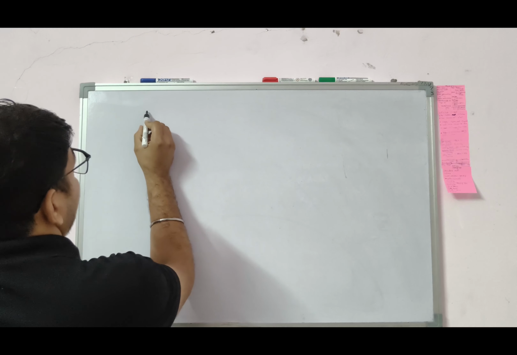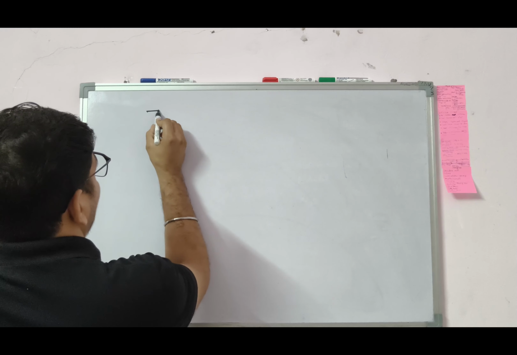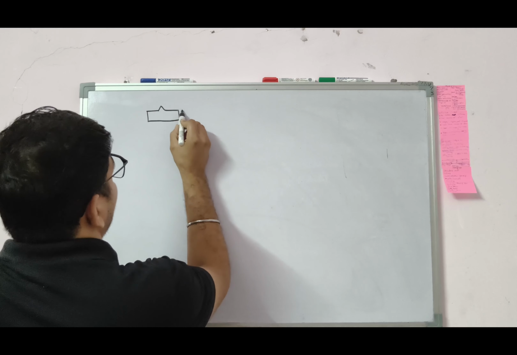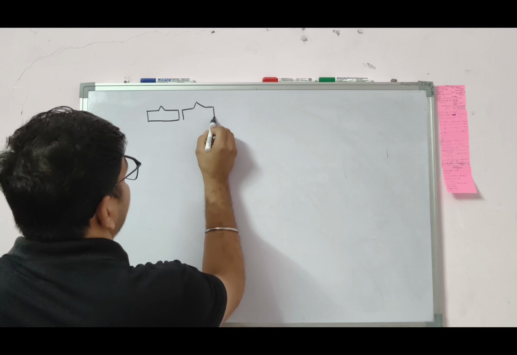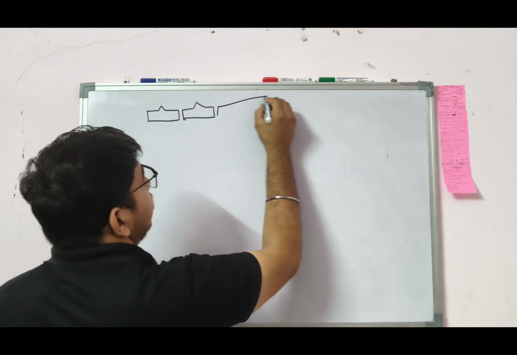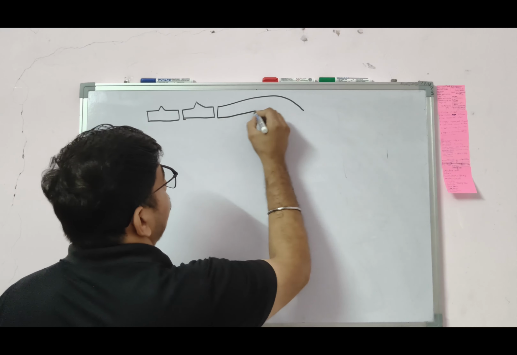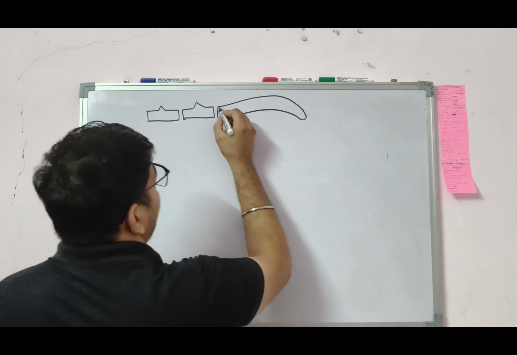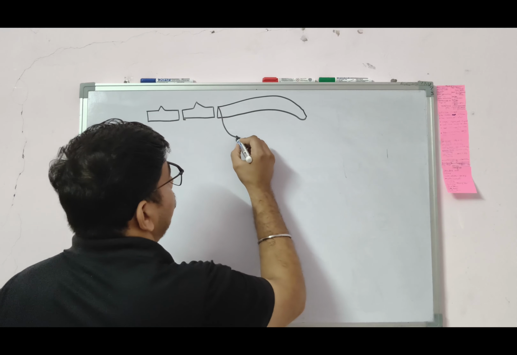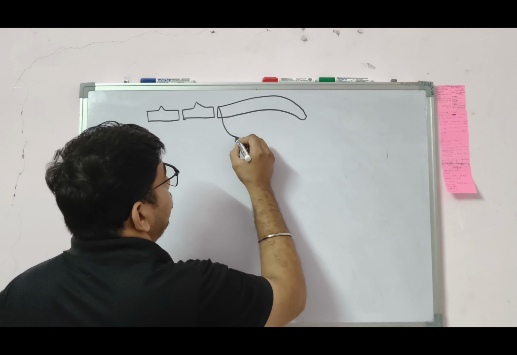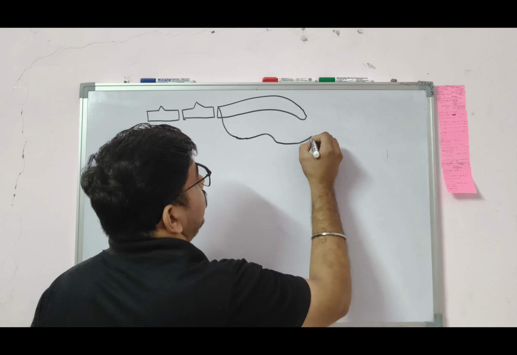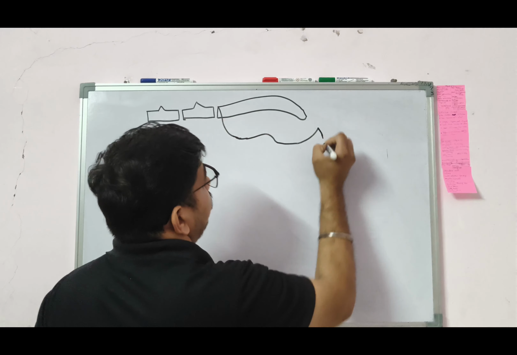So I'm making the pelvic cavity or pelvic inlet. This is the 5th lumbar vertebra and this is the 6th lumbar vertebra and this is the sacrum and here the ilium, the greater ischiatic notch, the spine, the lesser ischiatic notch and the tuber ischii.